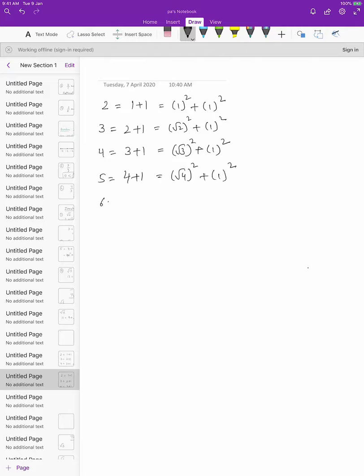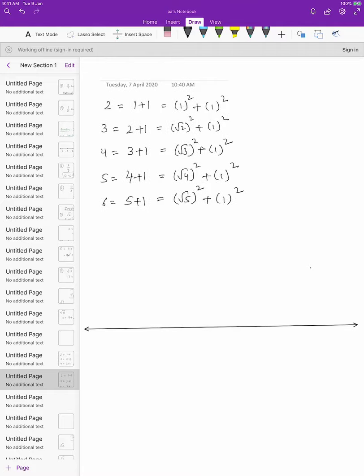I hope you are understanding the pattern that I am using here. Root 5 square plus 1 square. Now suppose we have to represent various irrational numbers on the number line. What I do is, first of all, suppose I have marked a point 0 here.